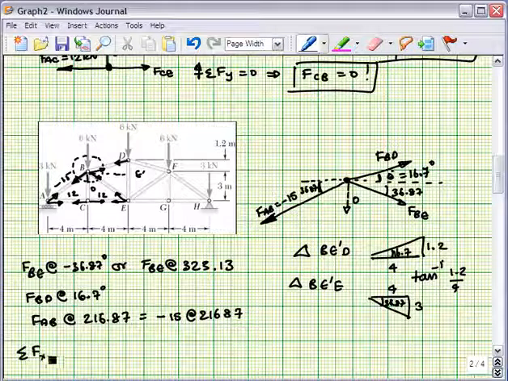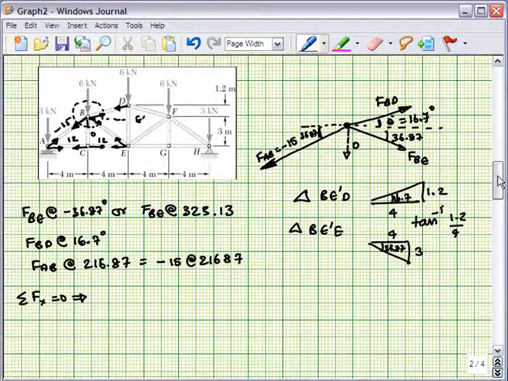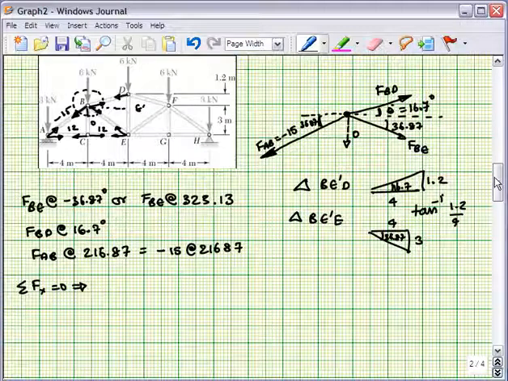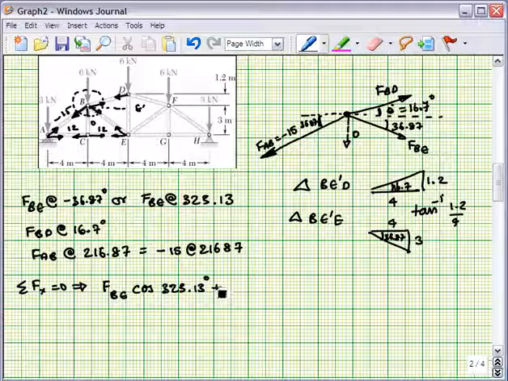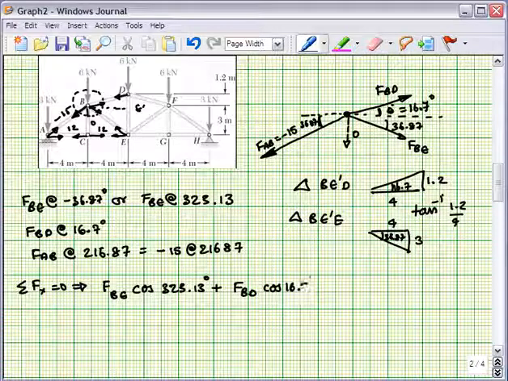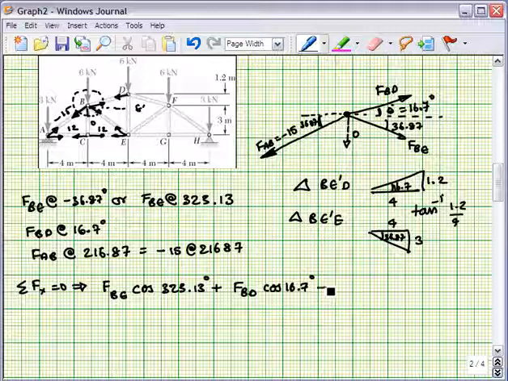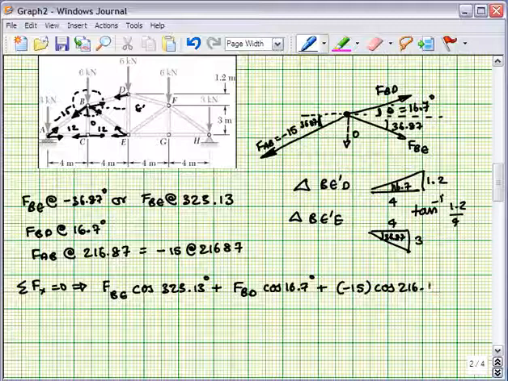The summation of all the forces in the x direction equal to 0 will give me FBE cos 323.13 plus FBD cos 16.7 degrees plus minus 15 cos 216.87 degrees must be equal to 0.